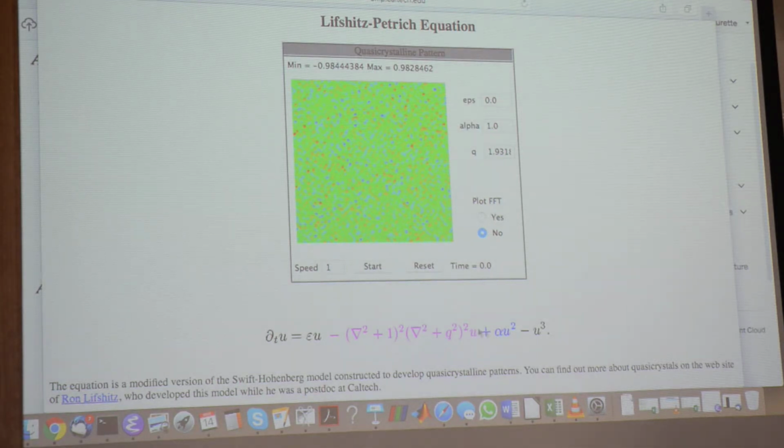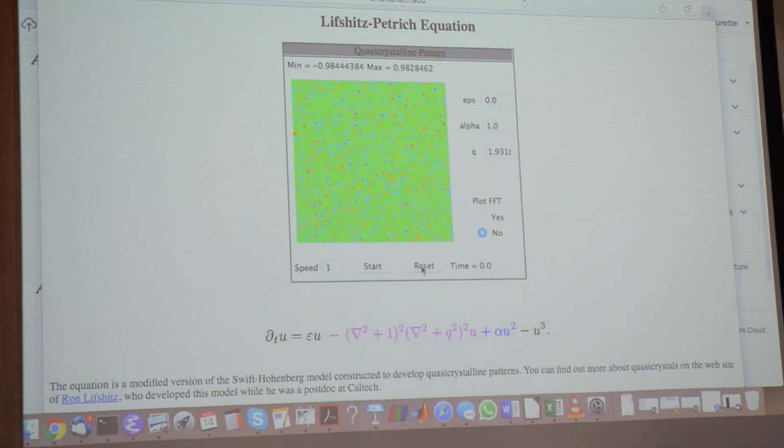Over here you have a cubic term and a quadratic term. I guess you need them both, I think. But look what you have here. Here you have two different wave numbers. Before you just had Laplacian squared plus q squared, or Laplacian squared plus 1 squared. Now you have both of them. So you have a wave number that's q and a wave number that's 1. Okay? And we know that quasi-patterns are a result of two different wave numbers.